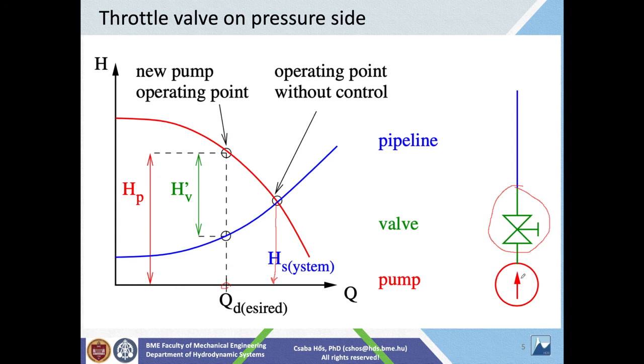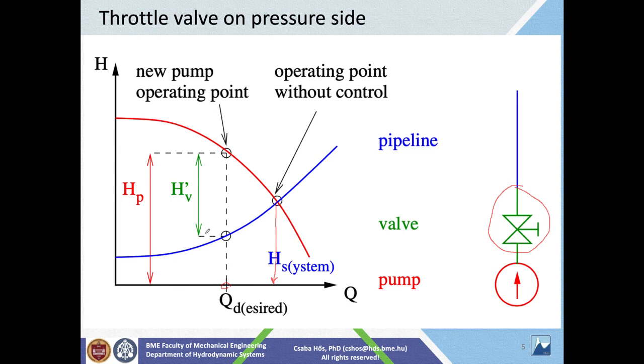If the pump's flow rate is Q desired, then this is the pump operating point, and this is the pipeline operating point. I would need this pressure difference for the pipeline, but the pump makes too much pressure. So I add a throttle valve, and with the loss of the throttle valve, I get rid of the extra amount of pressure.